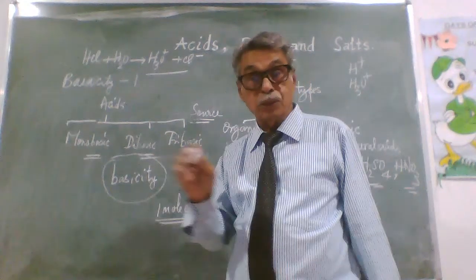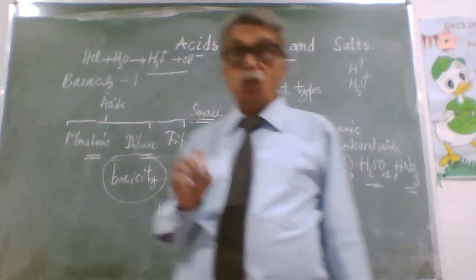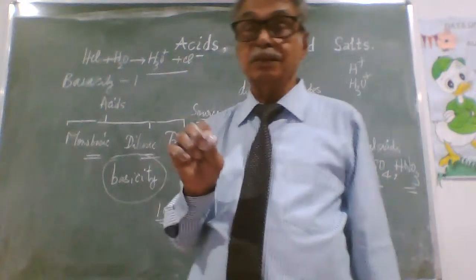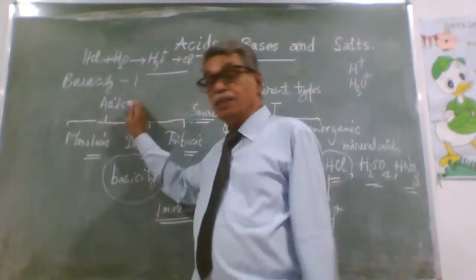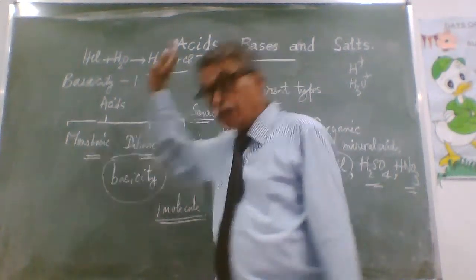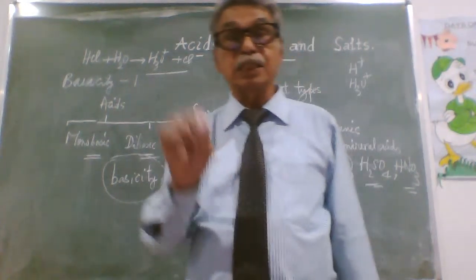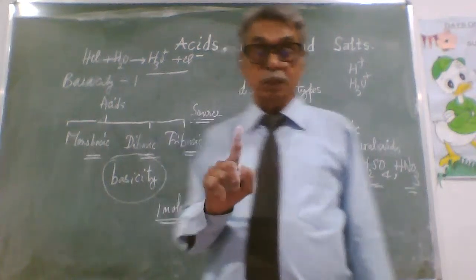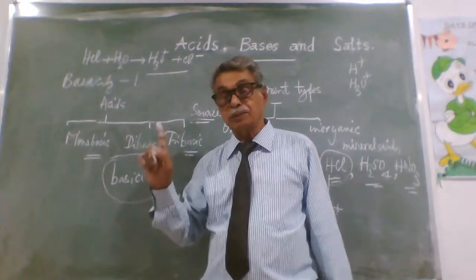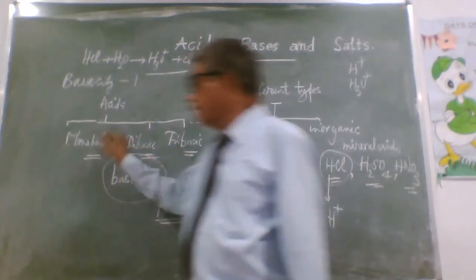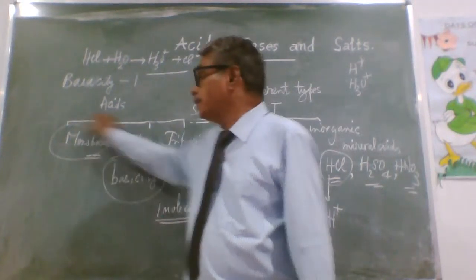Write in your book. If one molecule of an acid, when dissolved in water, gives only one hydronium ion, its basicity is 1. We call that acid a monobasic acid.